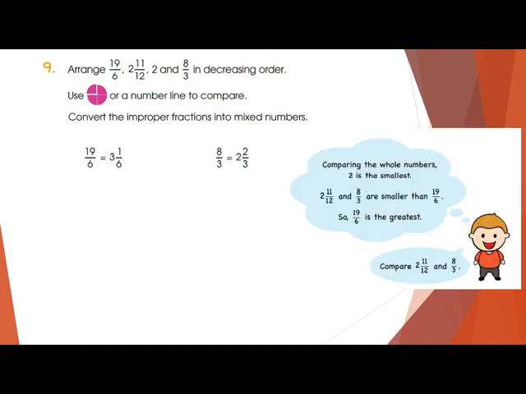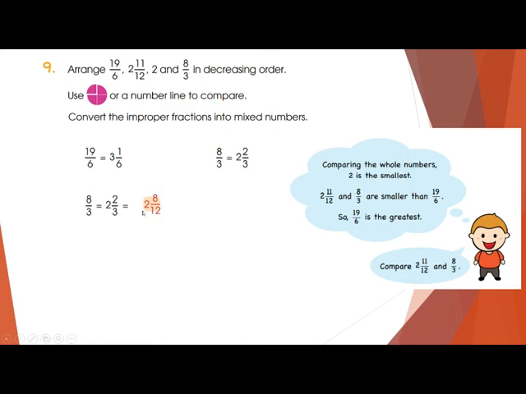2 is the smallest one. 2 whole 11 upon 12 and 8 upon 3 are smaller than 19 upon 6. So 19 upon 6 is the greatest, and you have to compare 2 whole 11 upon 12 and 8 upon 3. 8 upon 3 is equal to 2 whole 2 upon 3, which is equal to 2 whole 8 upon 12.